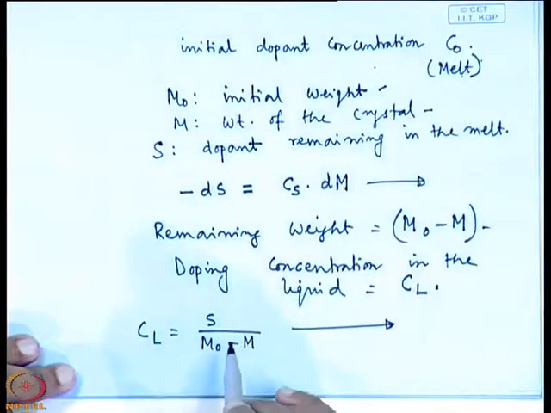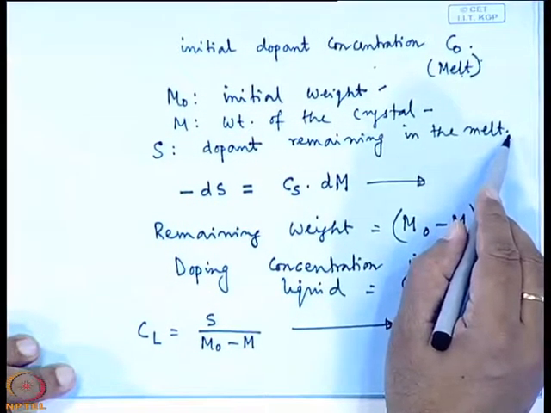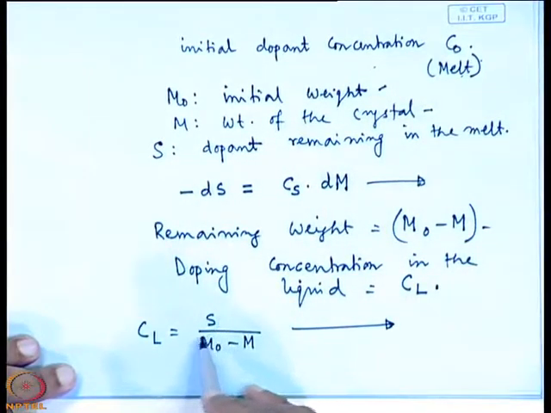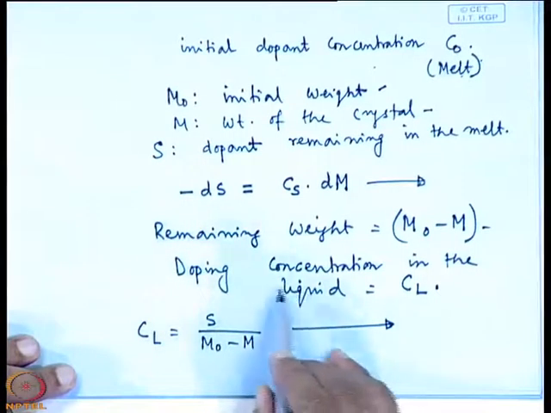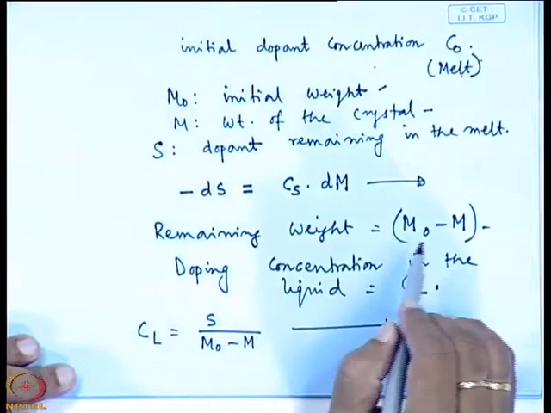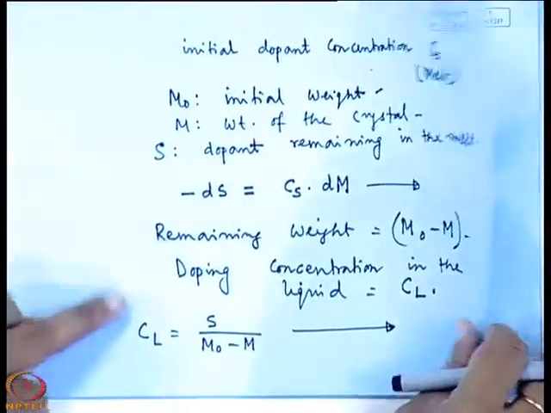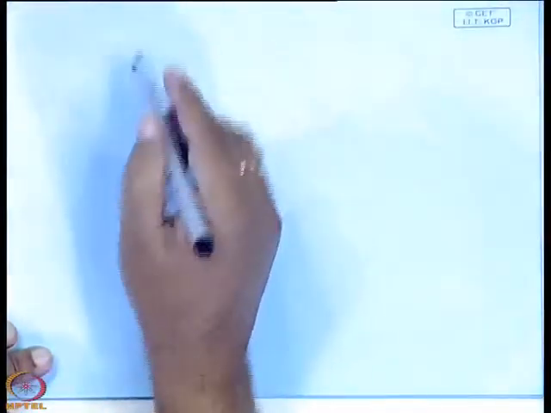So m0 minus m is the remaining, and S is the dopant remaining in the melt. So the dopant remaining in the melt divided by the remaining weight will give you the doping concentration in the liquid, which is Cl.